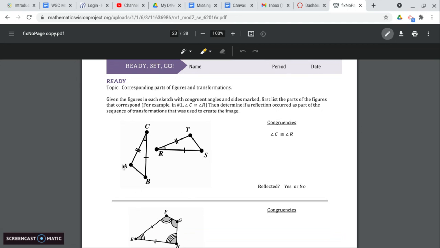We also know that CB is congruent to RS based on the tick marks.